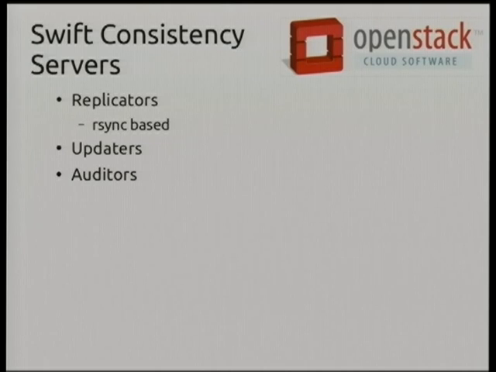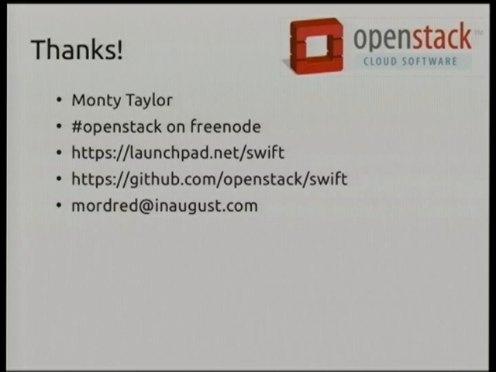So just tell it you want 1 and rely on your lower level thing. In theory, rsync is probably still going to run and discover that you have 1 copy and that you're happy. Honestly, I have no idea what the updaters and auditors do because they didn't tell me that.